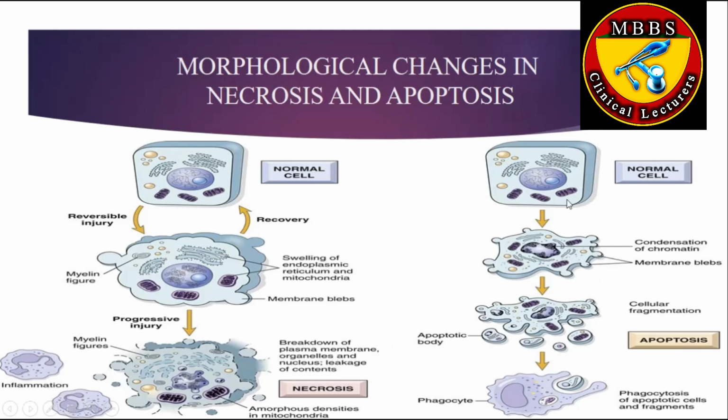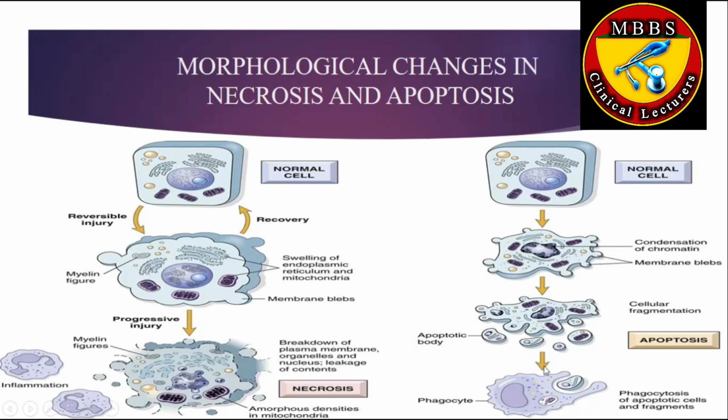While apoptosis is defined as programmed cell death, in which the cell breaks up into fragments called apoptotic bodies, which contain a portion of cytoplasm and the nucleus, and the plasma membrane remains intact.